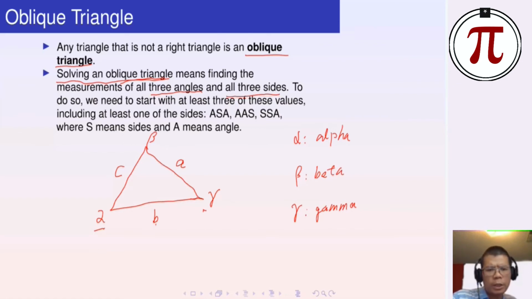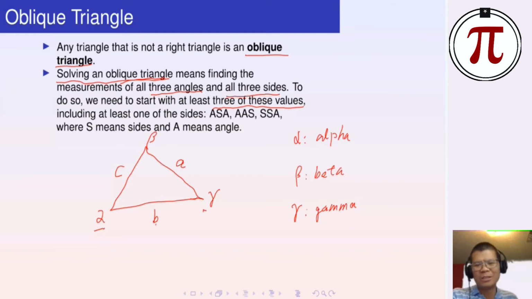Now, of course, we need some information to solve an oblique triangle. We need to start with at least 3 of these values, including at least 1 of the sides. If you just give 3 angles, for instance, then you can shrink the triangle or expand it.